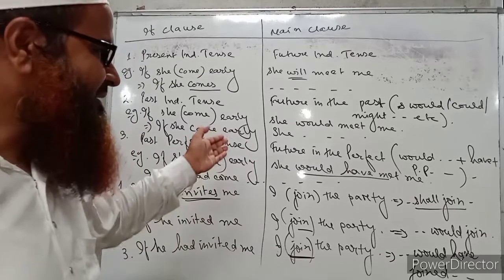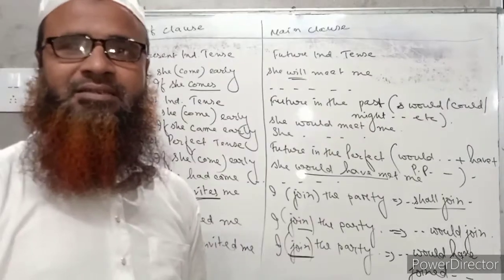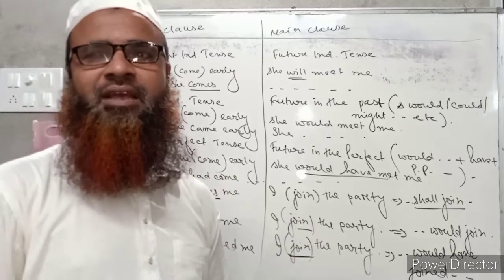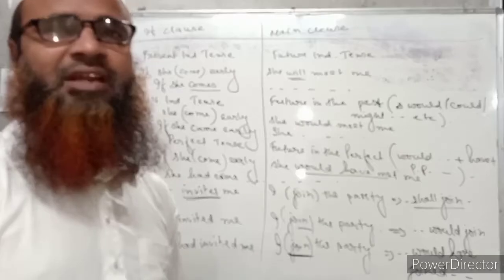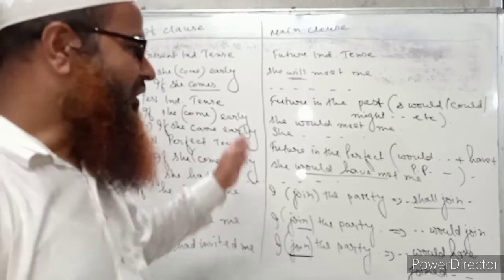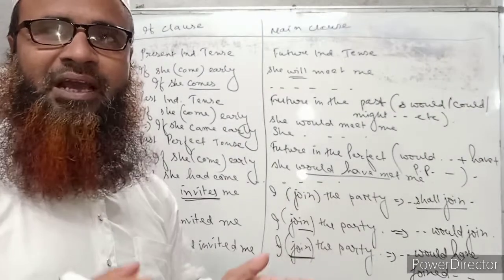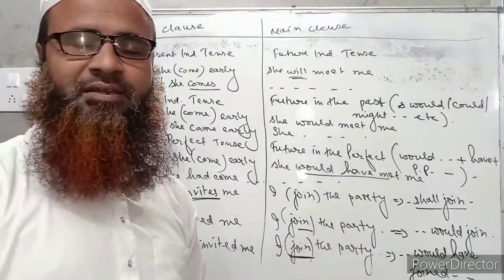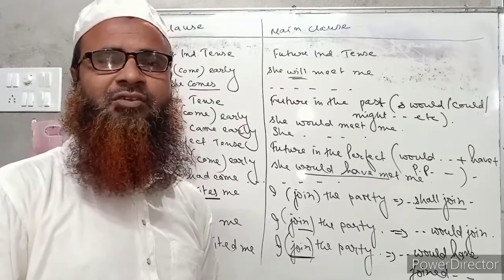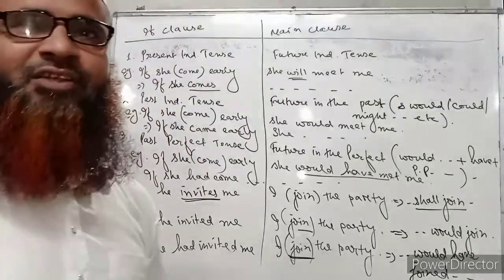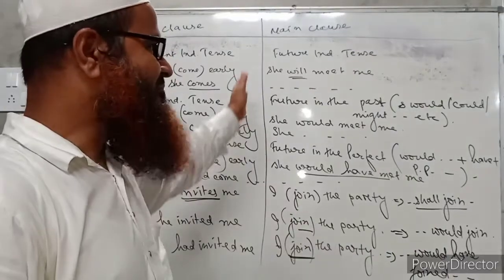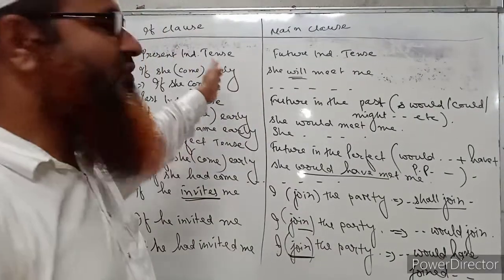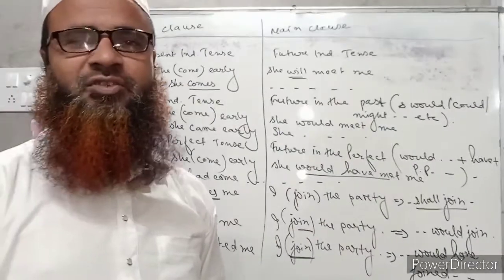At HS level, these conditionals are included in the alternative English grammar, where five sentences are given for tense correction, and most of them come in this conditional form. So let me stop here today.